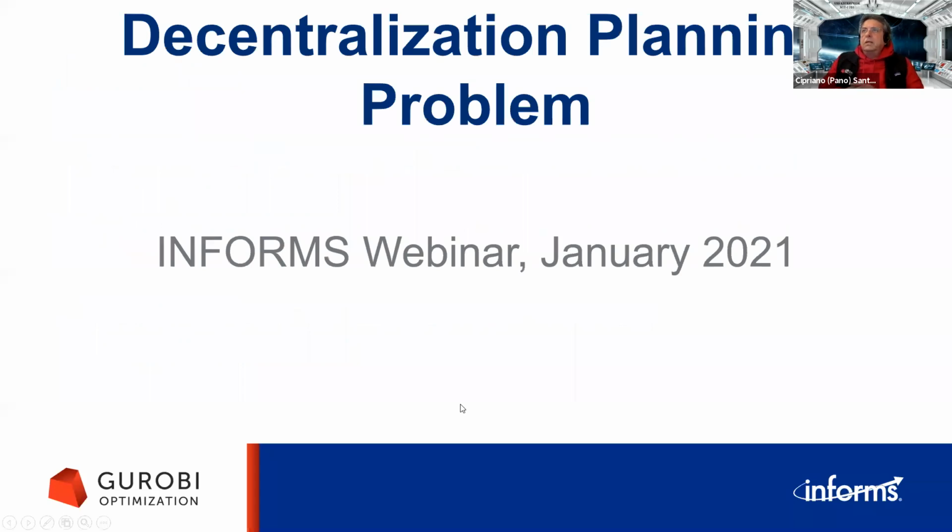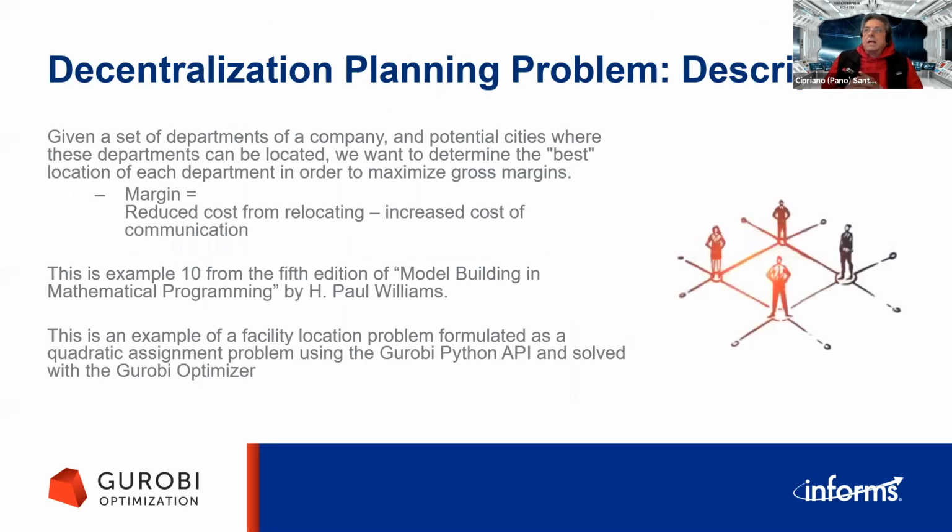So now let's talk about another problem. We call this problem the decentralization planning problem. And the statement of this problem is as follows. Given a set of departments of a company and potential cities where these departments can be located, we want to determine the best location of each department in order to maximize gross margin.